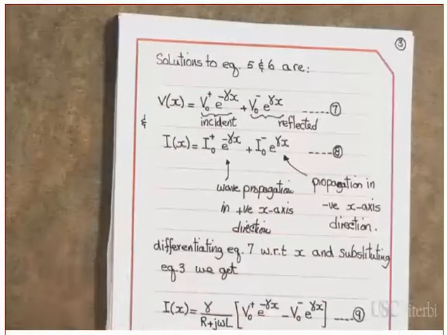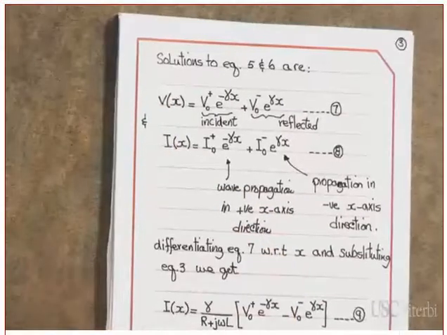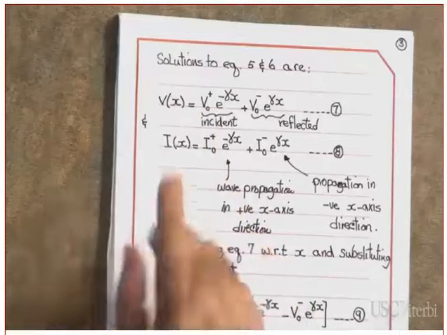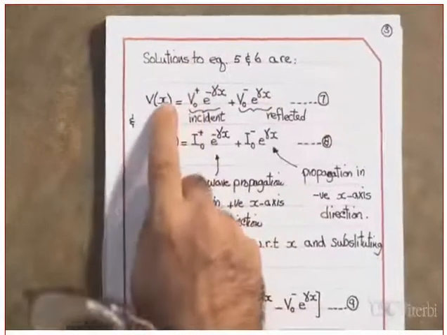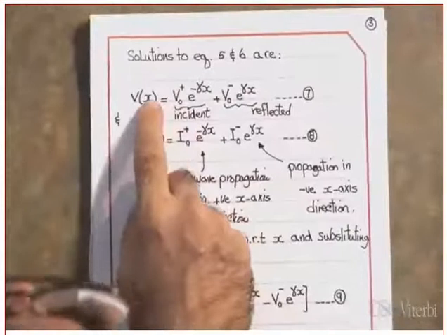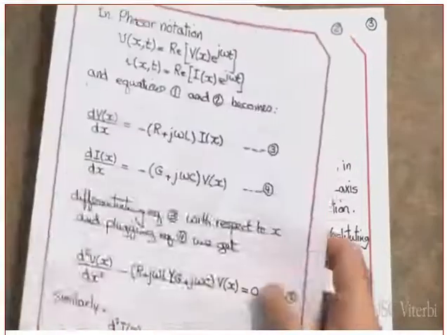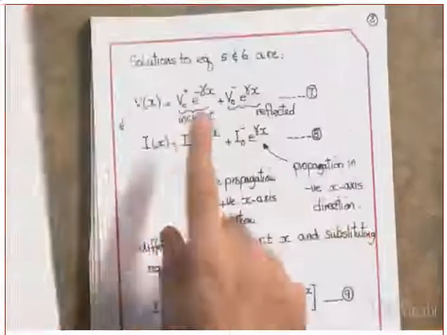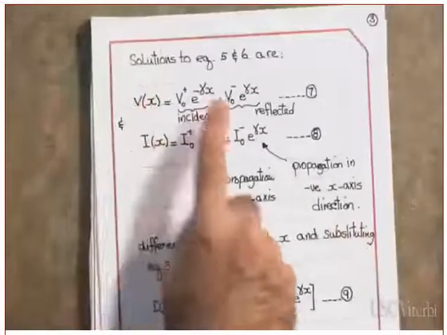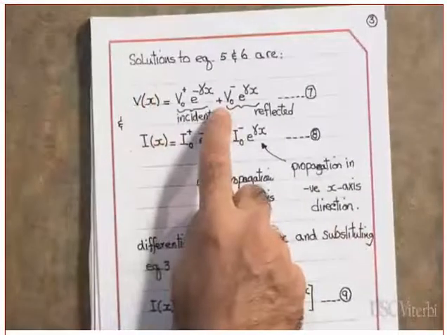This is the voltage on the line at any point. In other words, once you plug in the value of x, let's assume you took this as a reference, x equal to 0. If you plug in the values of any x, this is the voltage on the line, consisting of two components.